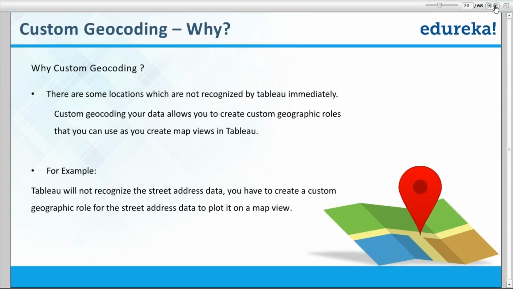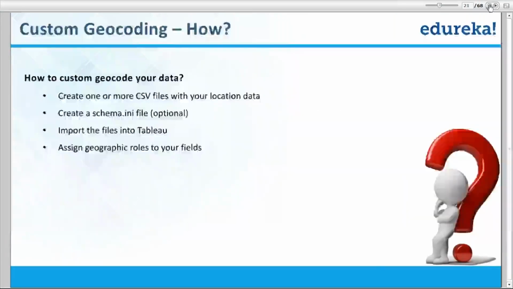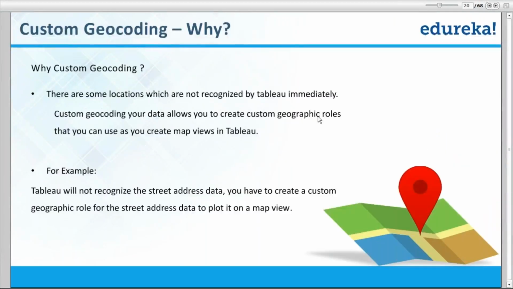Okay, and coming to this part, geocoding. There are still certain locations which are not recognizable by Tableau. Whatever locations you give, you might not be able to represent the data in Tableau automatically. It will not recognize street data.